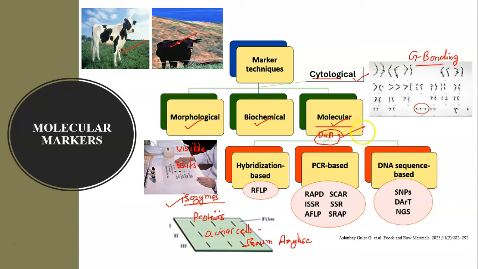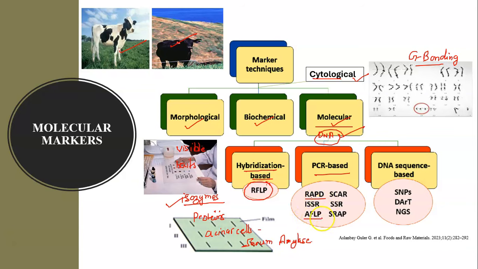And DNA markers or molecular markers can be hybridization based, where you use a probe which can bind complementary to the target sequence. And the example of this kind of marker is RFLP, that is restriction fragment length polymorphism. Then we have PCR based markers also. So they are based on PCR. And the examples are RAPD, random amplified polymorphic DNA.